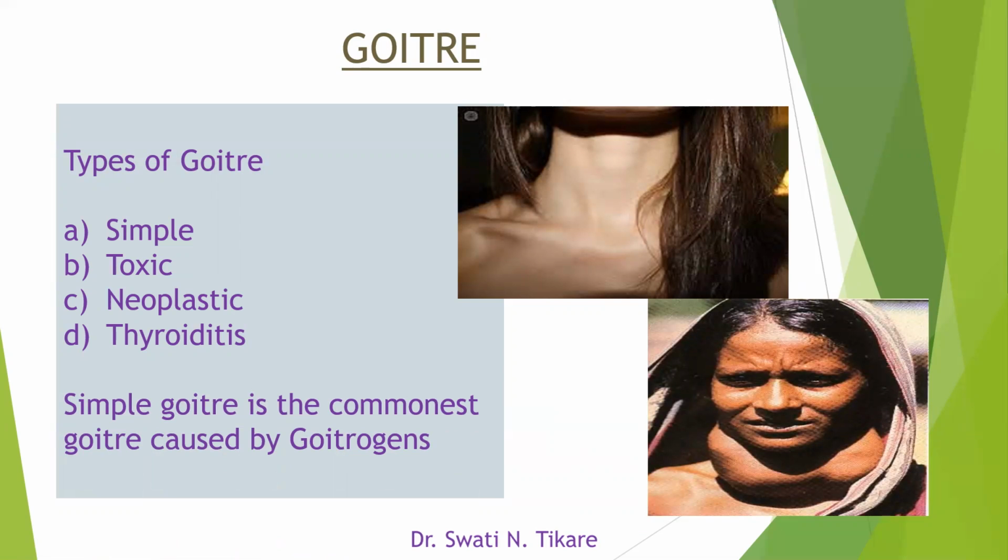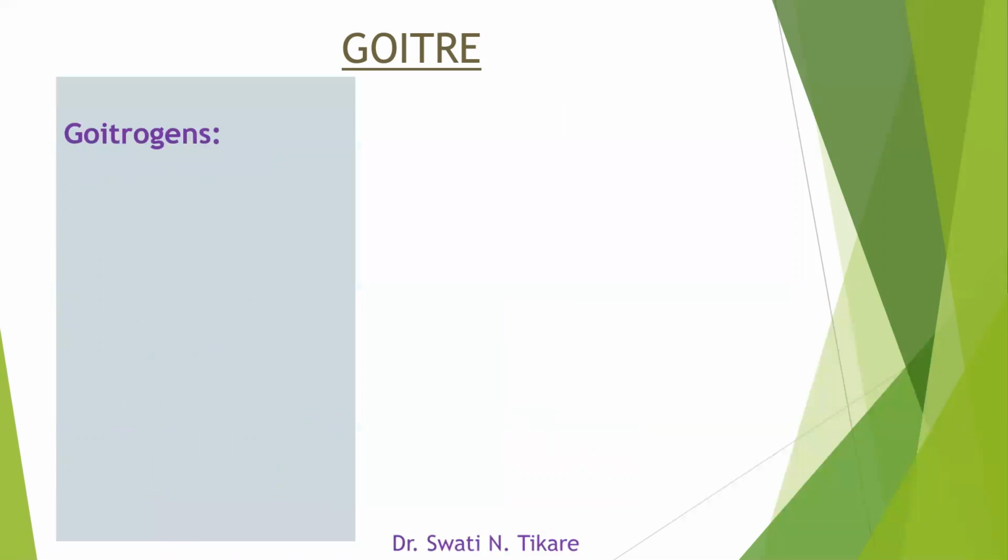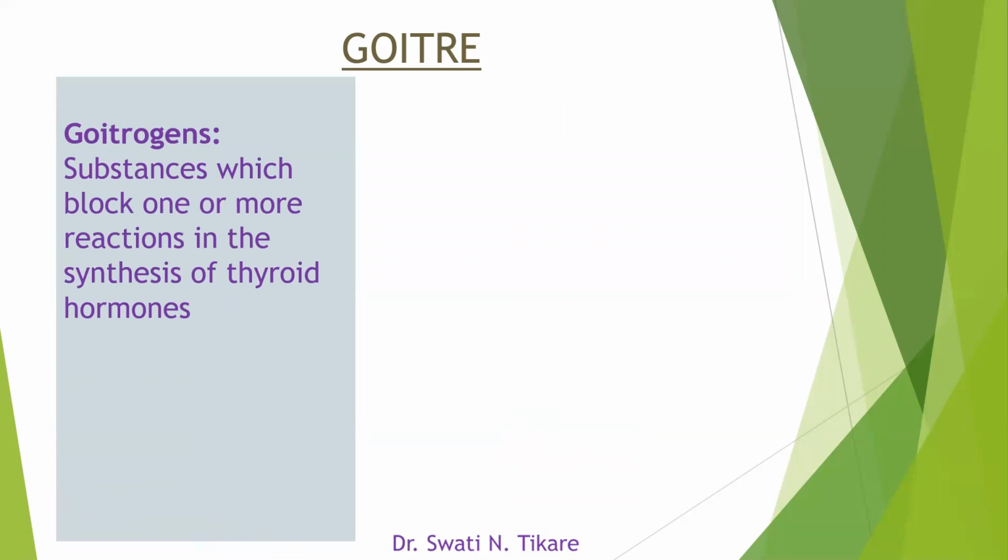Simple goiter is the commonest, and that kind of goiter is caused by substances called goitrogens. Okay, a simple goiter is the commonest goiter, caused by goitrogens. Now let's try to find out what is a goitrogen. What do we mean by that?